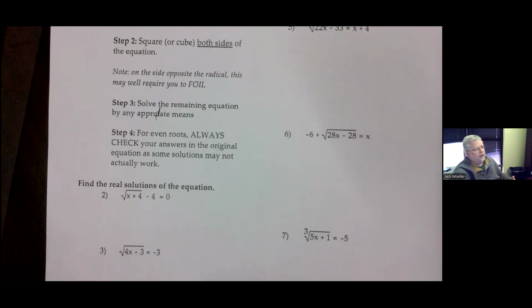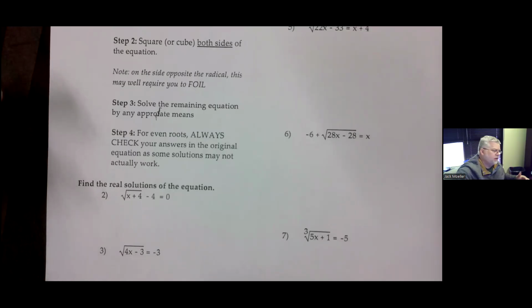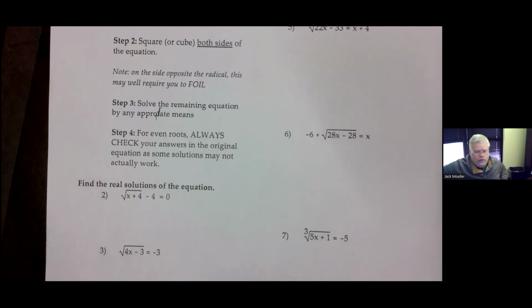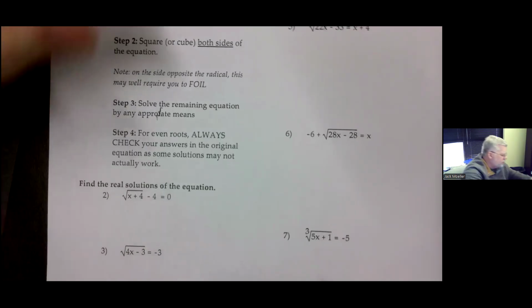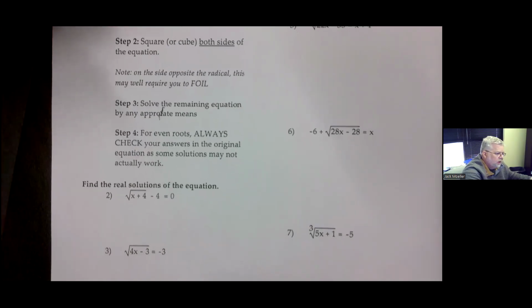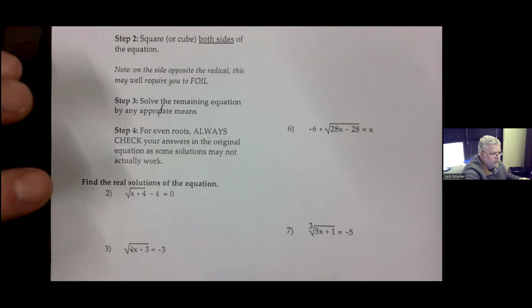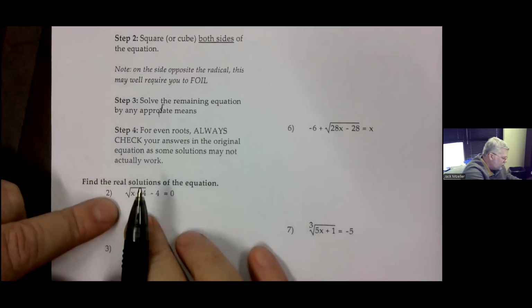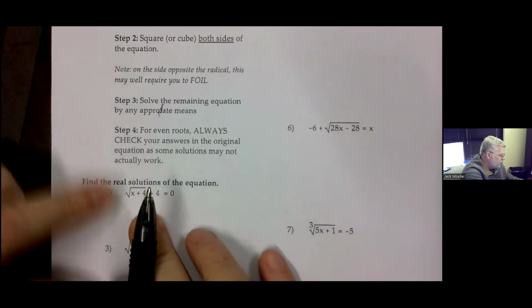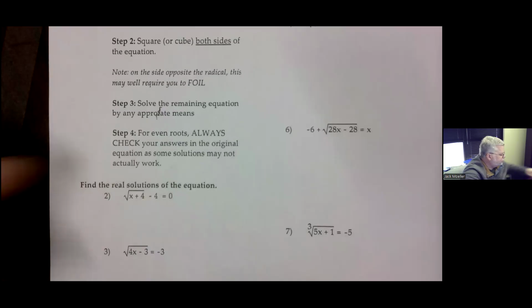That's something people tend to miss because you don't do it anywhere else so far. There are a couple of places throughout the semester where we'll have to check our answers. When you're solving radical equations, you do have to check your answer, so don't forget that last step.